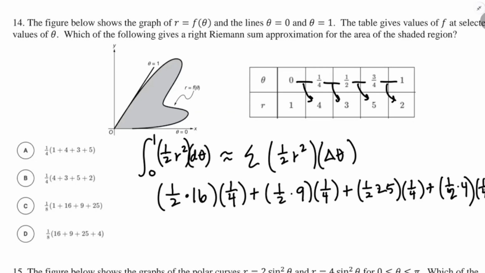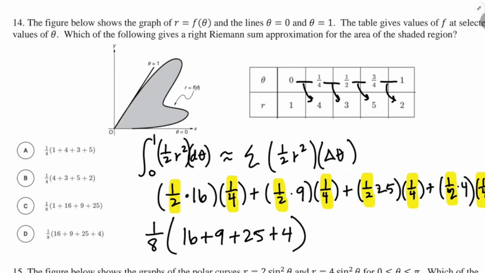So I'm thinking I'm going to take the 1/2 and the 1/4 out of each term in the sum. Yes, so that's going to be 1/8 of 16 plus 9 plus 25 plus 4. There it is. That's answer choice D. So that's an example of a Riemann sum. It's not exactly standard, but very doable if we keep our cool.